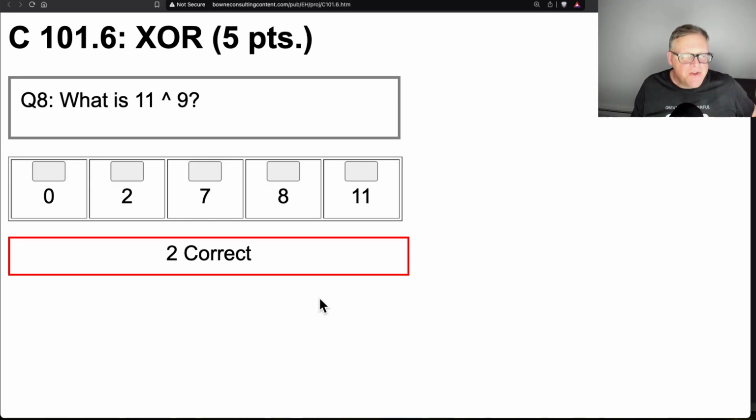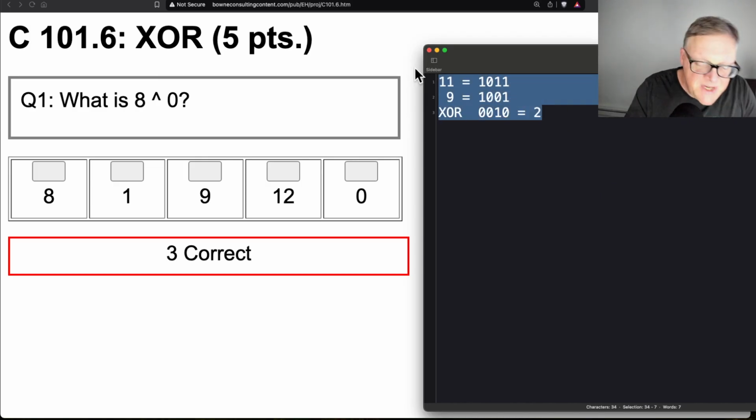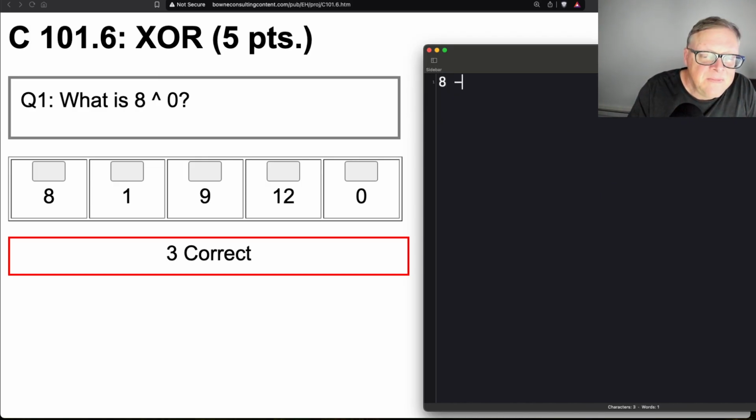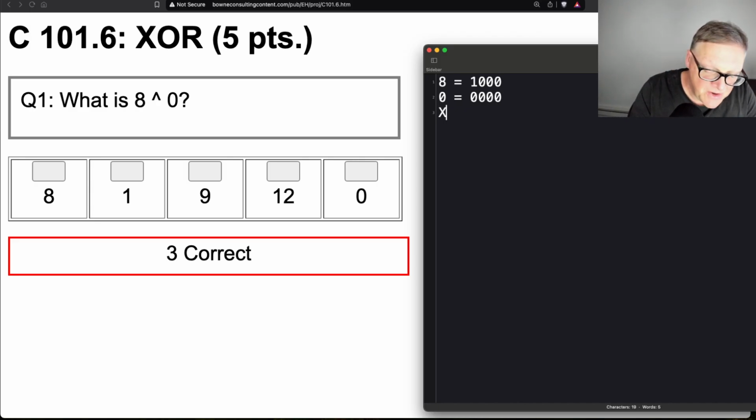I'm going to do one more. This is good. All right. So let's try this one. 8 XOR 0. So I need an 8 and a 0 in binary. So what's 8? Yep. 8 is 1, 0, 0, 0 and 0 is all zeros. So what's the XOR?